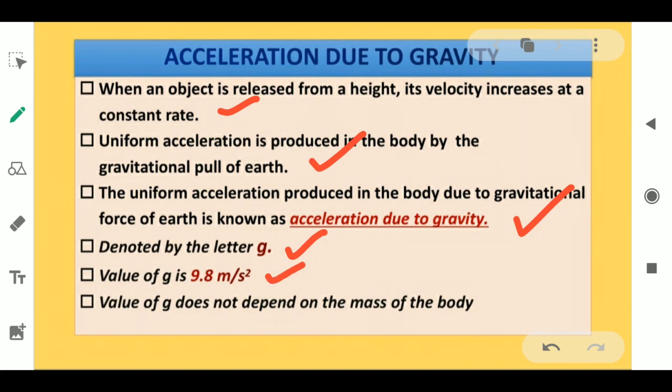Because it is acceleration, the SI unit is meter per second square. And this value of g does not depend on the mass of the body. That is also a very important point. So these are some basic ideas about acceleration due to gravity. Clear?